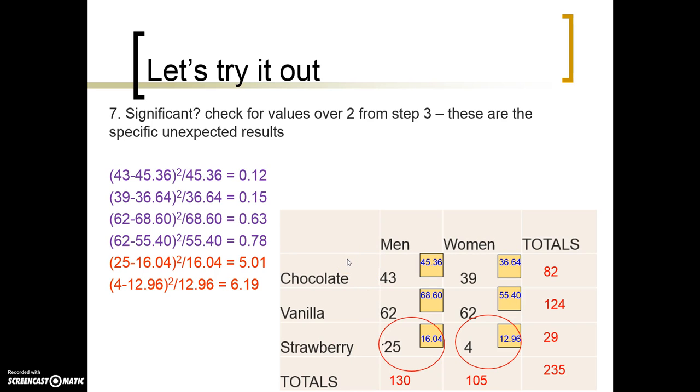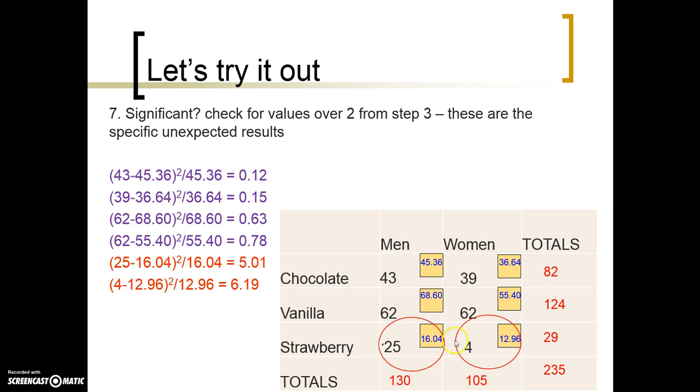But I want to know where the differences really are. What are the unexpected results? So to do that, I'm going to go back to these guys. I'm going to scan through them, and I'm looking for values that are over 2. In this case, I have 2 cells that are over 2. So I'm going to figure out what cells those are. So I've got 25 and 16. I'm going to go over here to 25 and 16.